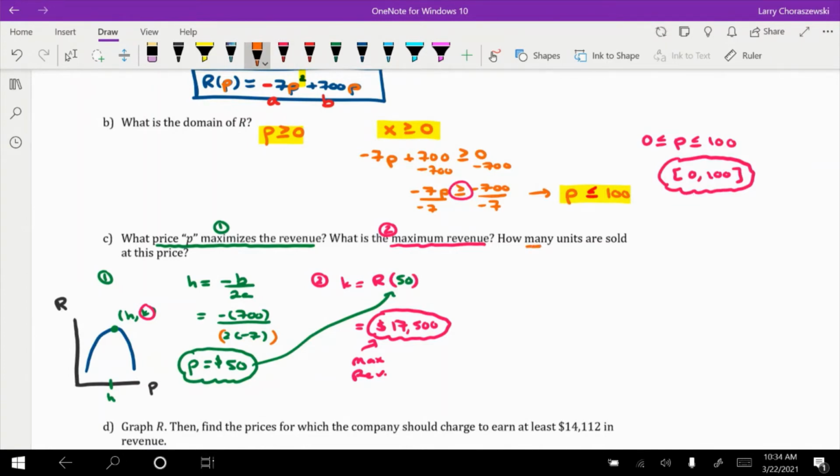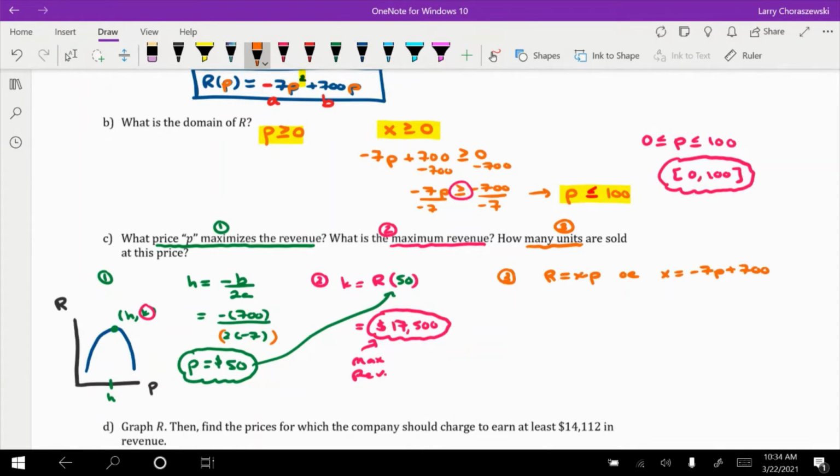The third and final thing is how many units are sold at this price. A couple ways you can do that. You can use the revenue equation, R equals X times P. We have the value of R and P, so we could just solve an equation, or we could use the demand equation, X equals negative 7P plus 700.